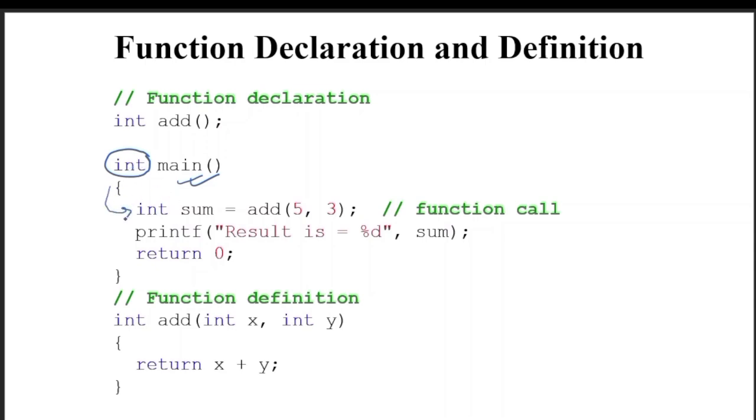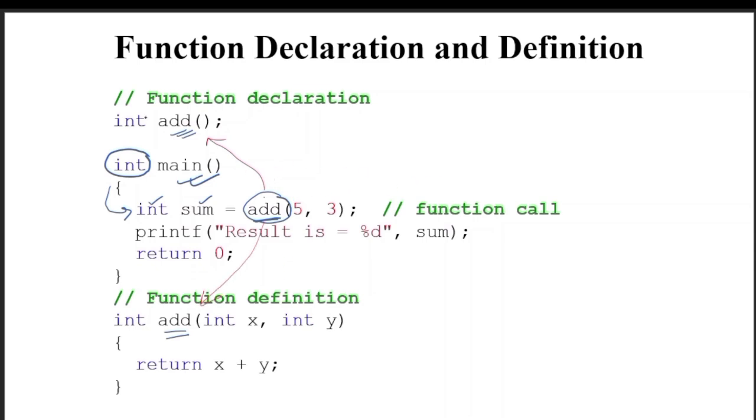When we enter the function, int sum is your variable of integer type, and add is a function, and we are passing two values 5 and 3 to the function add. What is this add? The add is declared over here and defined over here.